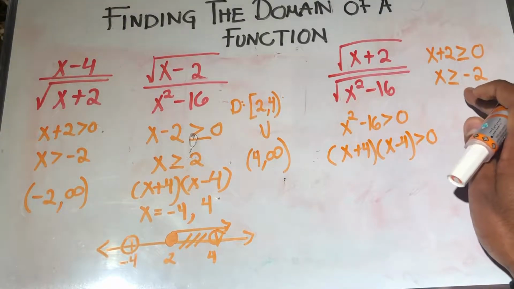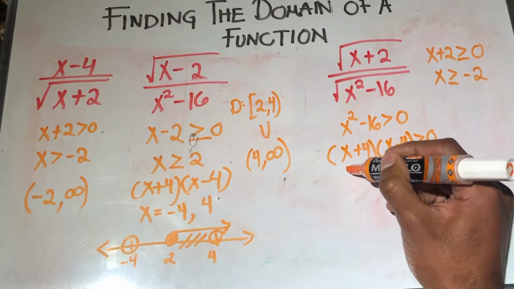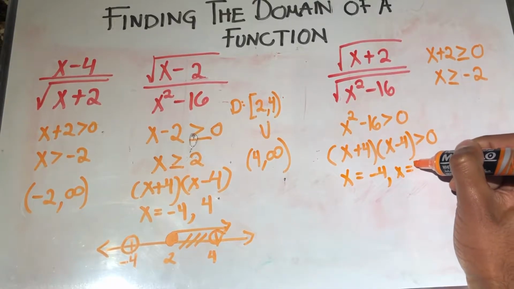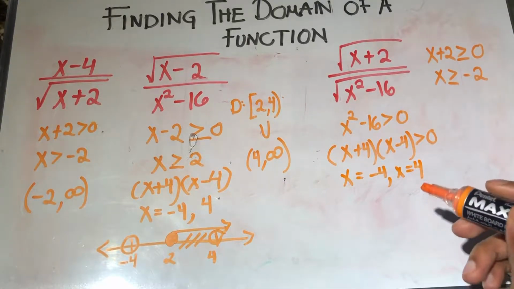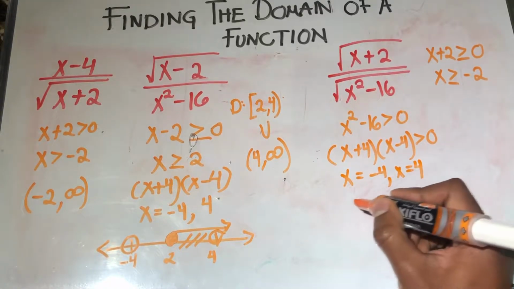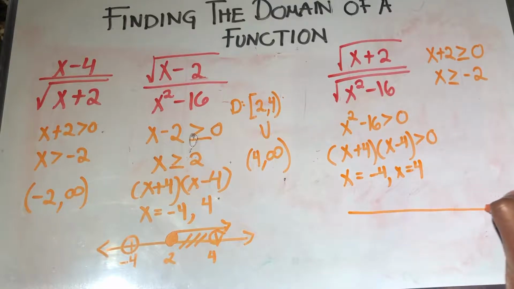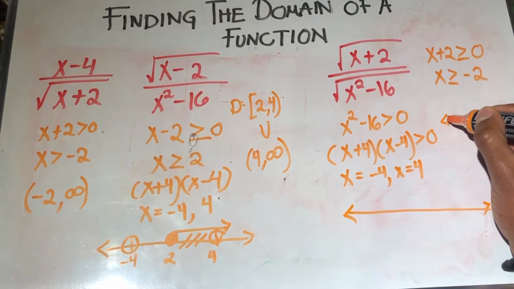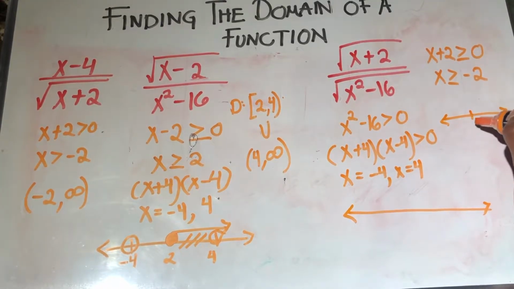So since we have negative 2, negative 4, and 4, we have to begin by constructing a number line. First of all, for negative 2, we can see that negative 2 is included and is going to go to infinity.